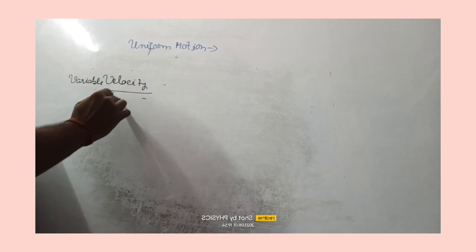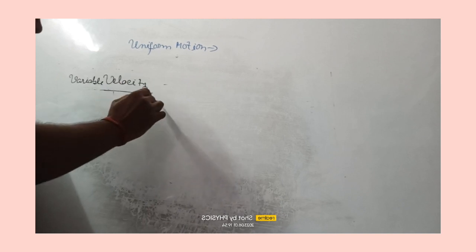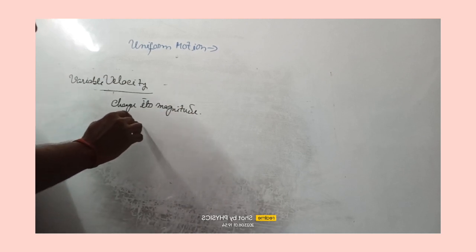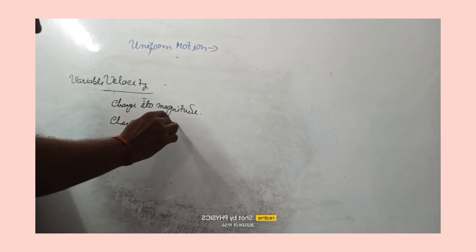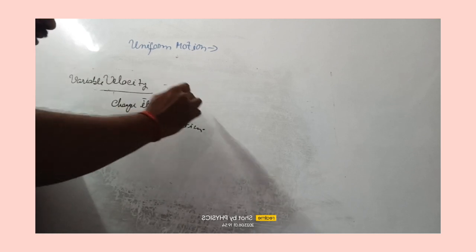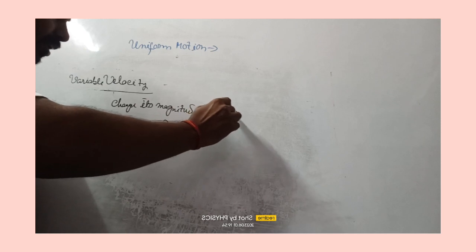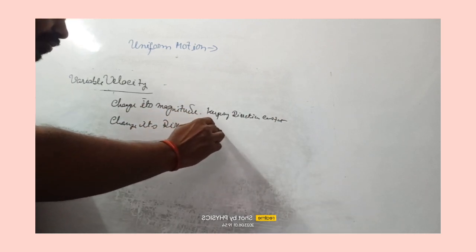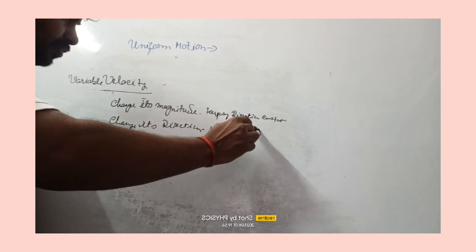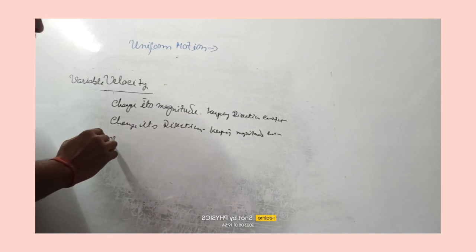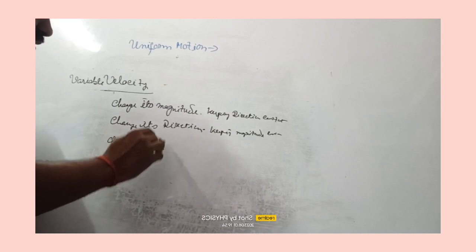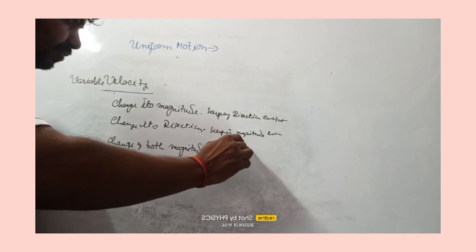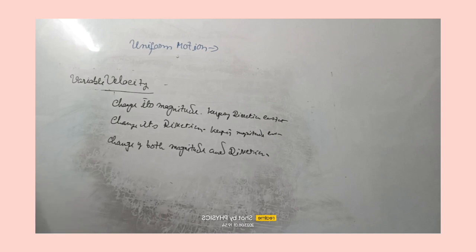If we change its magnitude, or if we change its direction, keeping the direction constant or keeping the magnitude constant, or it may be a change of both magnitude and direction, that is the cause of the variable velocity.